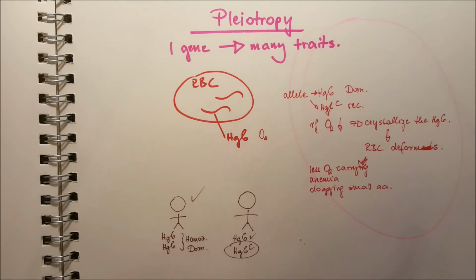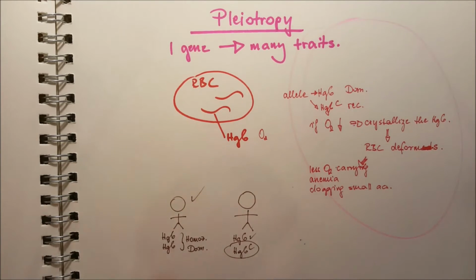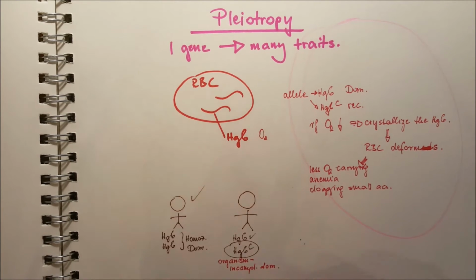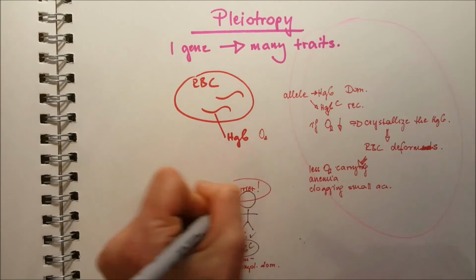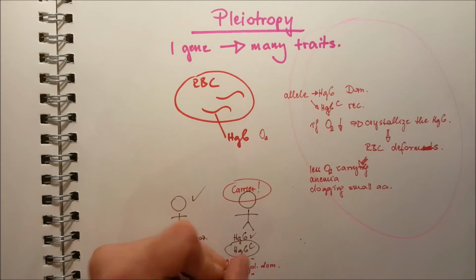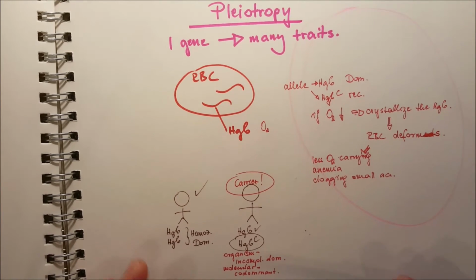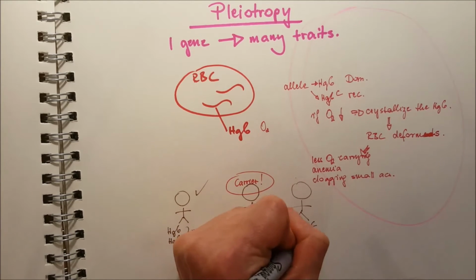A person with one recessive gene, or sickle cell gene, shows incomplete dominance because they are kind of normal. If the oxygen level is low, as at high altitude, the oxygen content will be low and sickle cells will appear. But in a molecular way, it's co-dominant, both of them expressing their status.